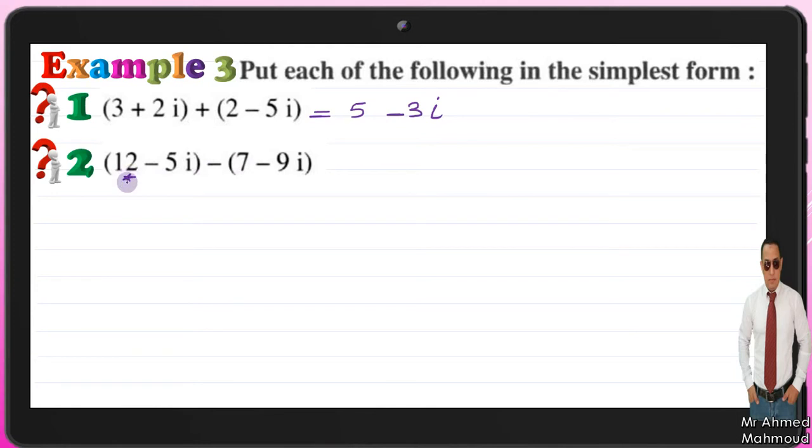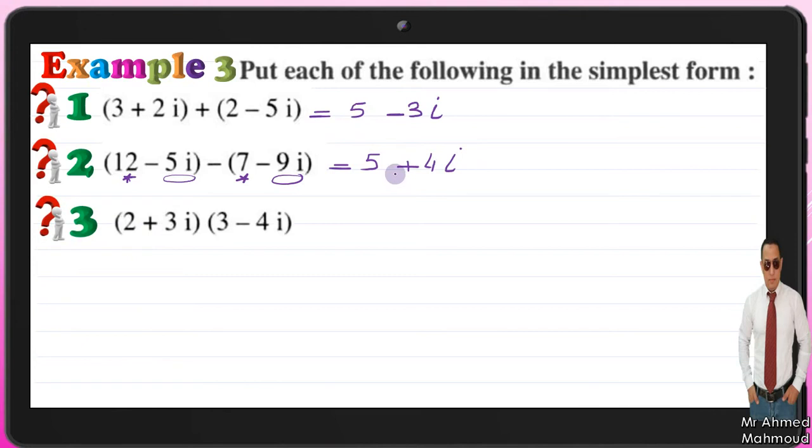12 minus 7 equals 5. Okay, negative 5 minus 9 again. Negative 5 minus 9 equals negative 4i, so the answer is 5 minus 4i. Number 3.